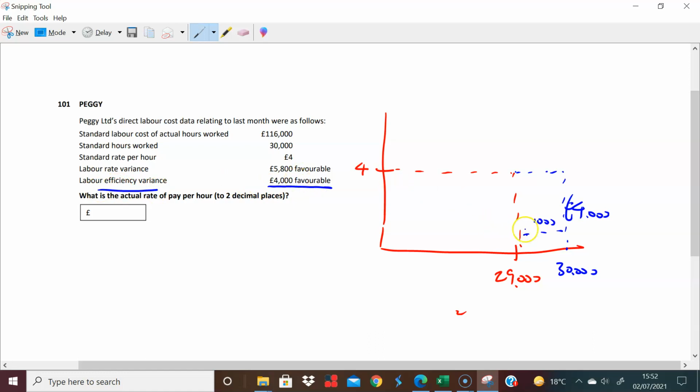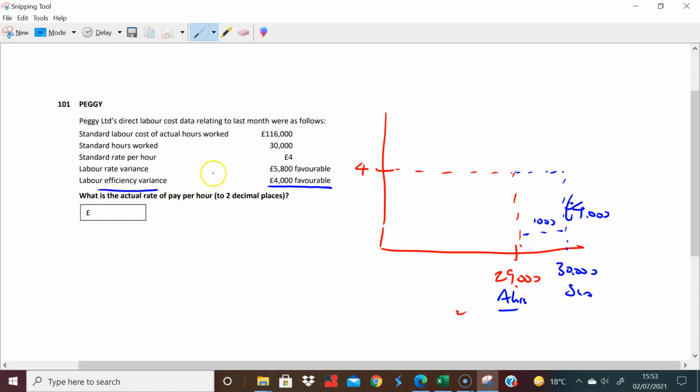So you can see the task really is about making sure you get the picture of what's going on here. You have a standard rate per hour, and then you can work out what the actual hours worked were, and what the standard hours were. And then you can separate out the two. Now, the question wants you to find out what the actual rate of pay was.